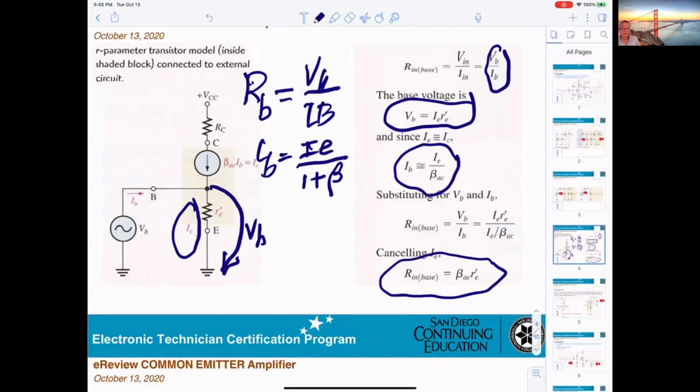That's the only thing you need to know: R in base equals beta times R prime E. In here, they just prove it. You don't have to go through that, but you need to know R in base equals beta times R prime E. If you want to learn more, then you have to keep reading.